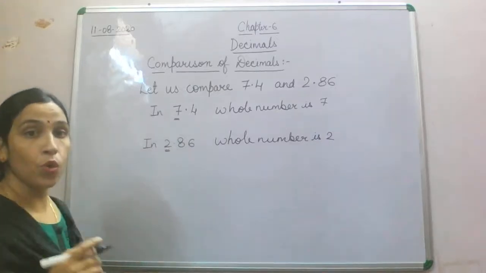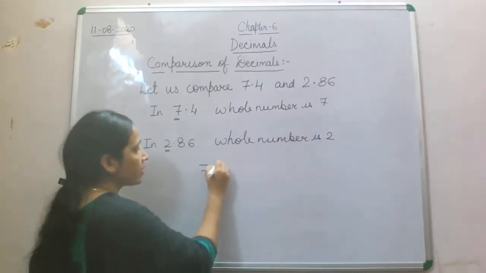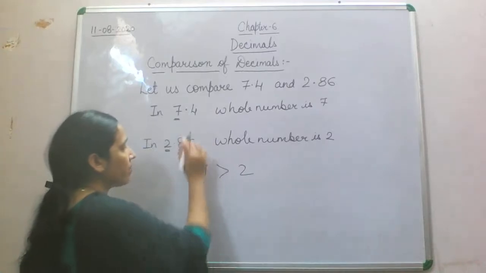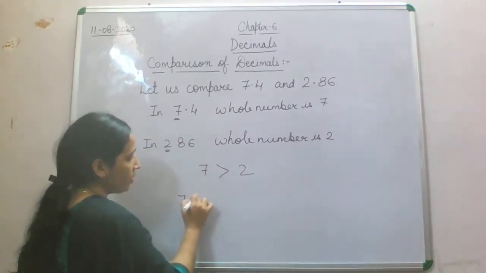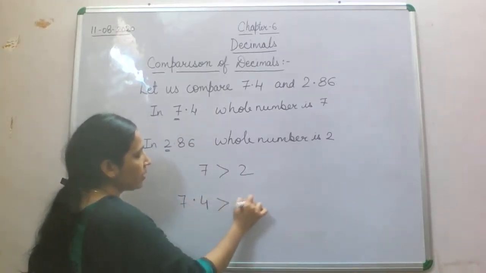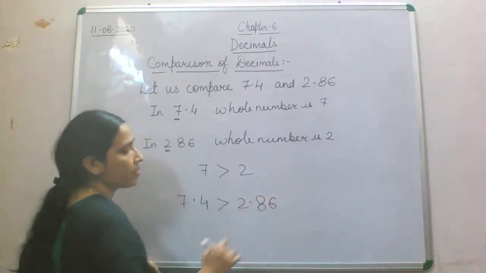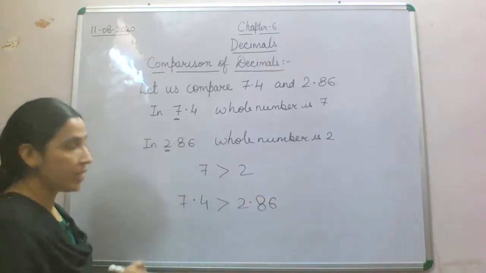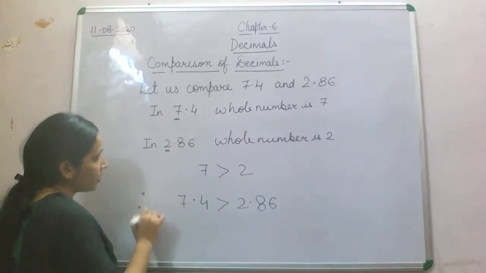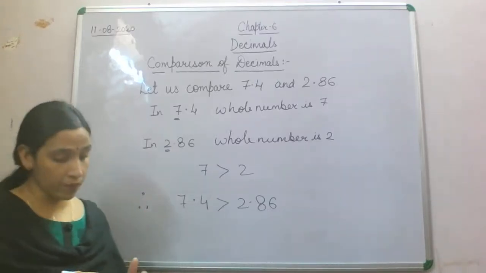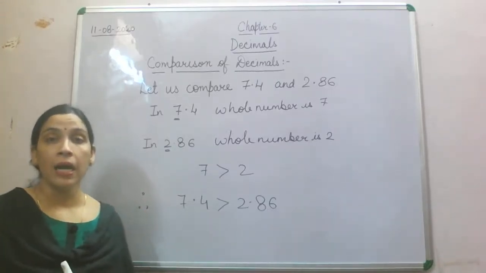Now you all know that 7 is greater than 2. It means 7.4 is greater than 2.86.